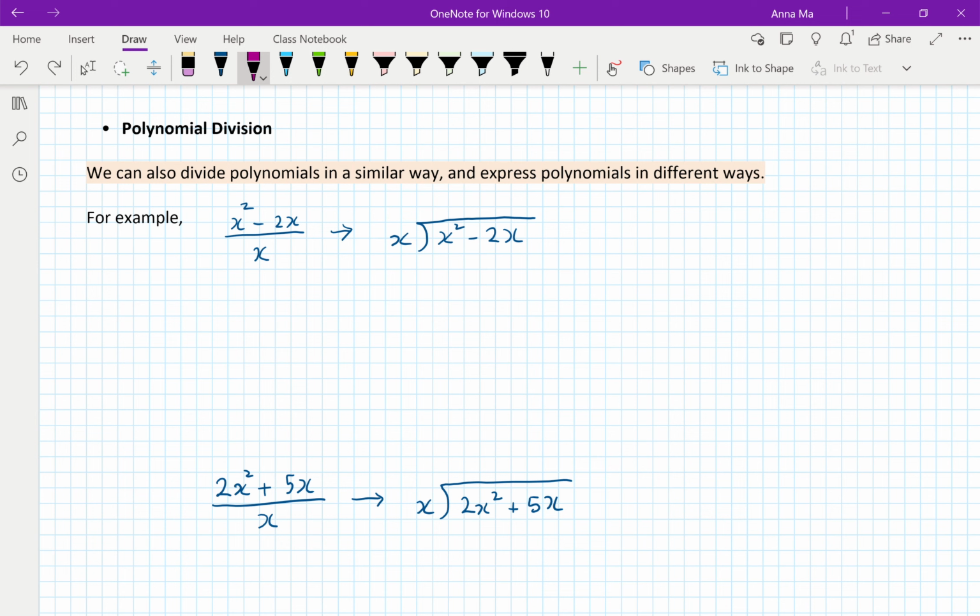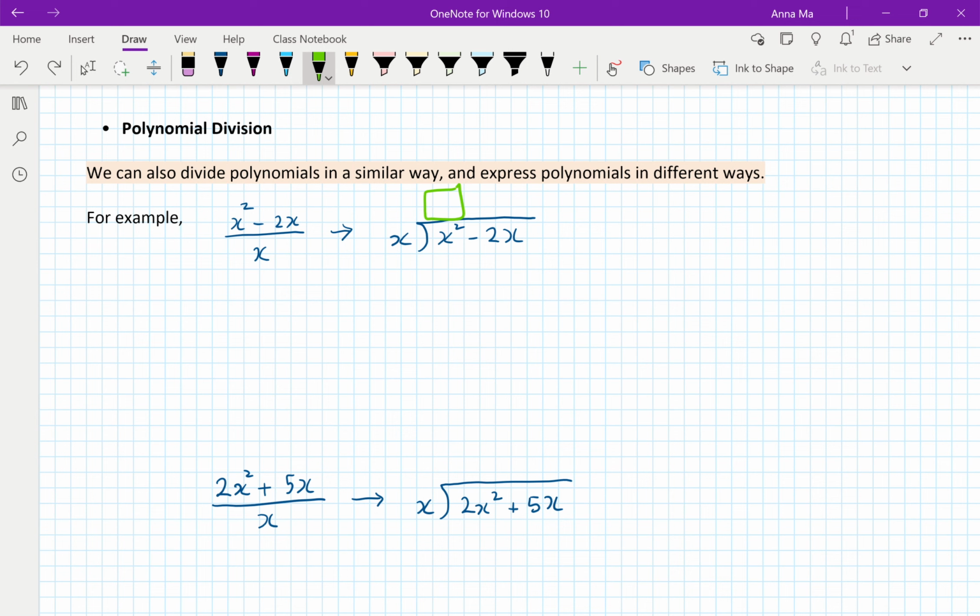And what we try to do is we try to match the divisor to the term that we see inside the train. Now how I do that is we try to come up with a term here where if you multiply these two together it will give this as a result.